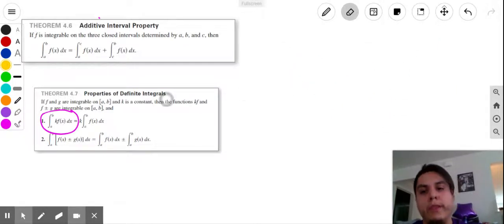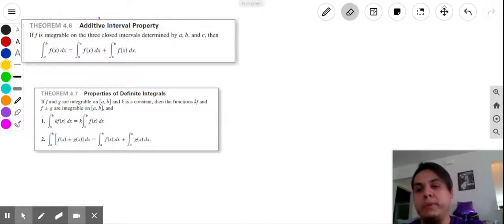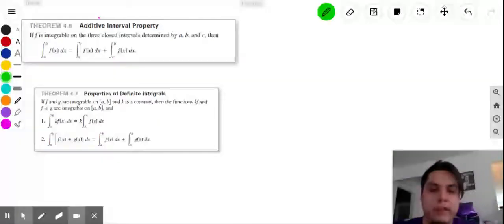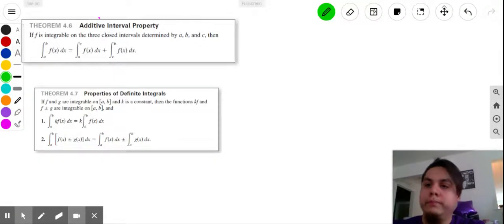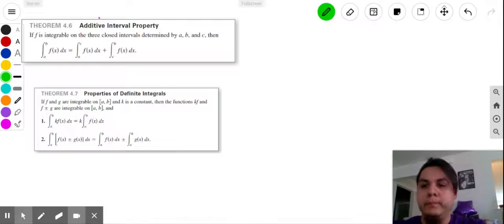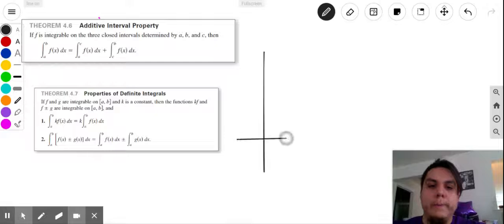We are told that as long as it's on the same closed interval, we can just add or subtract the two functions. So if you can imagine what this looks like, let's say this is where our graph is.